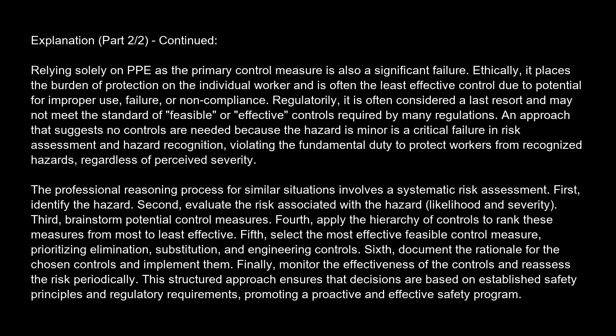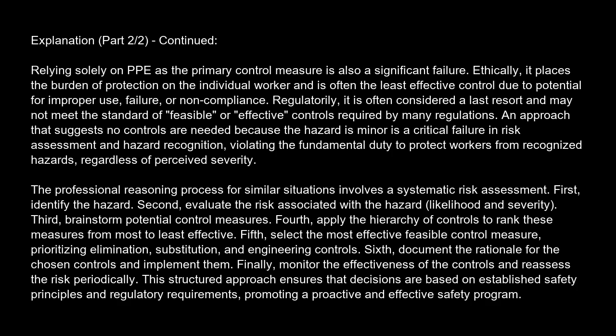The professional reasoning process for similar situations involves a systematic risk assessment. First, identify the hazard. Second, evaluate the risk associated with the hazard, likelihood, and severity. Third, brainstorm potential control measures. Fourth, apply the hierarchy of controls to rank these measures from most to least effective.